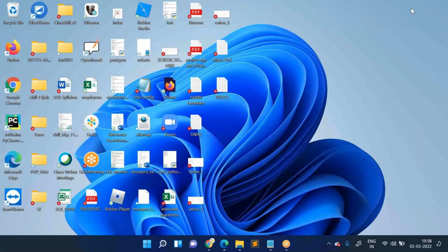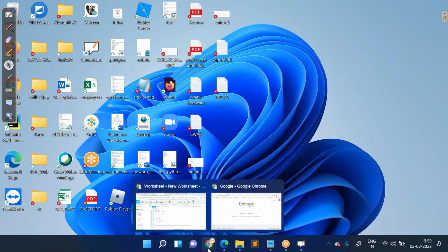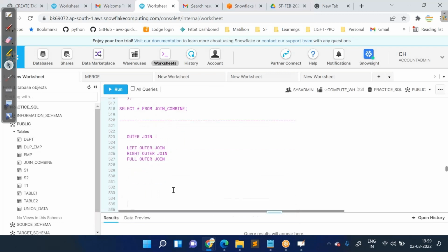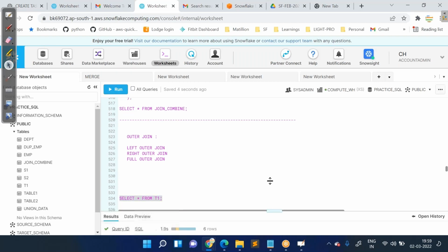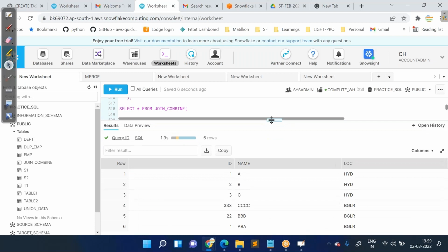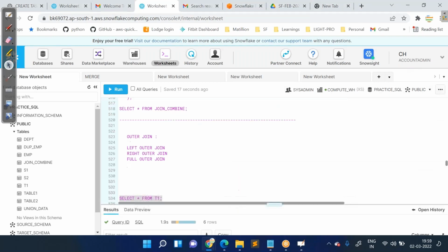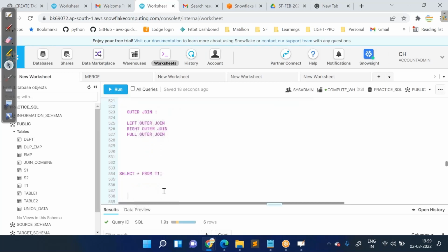So go back to the Snowflake. Let me open the table T1. Select star from T1. So T1, how many records here? Let me quickly create 2 tables.